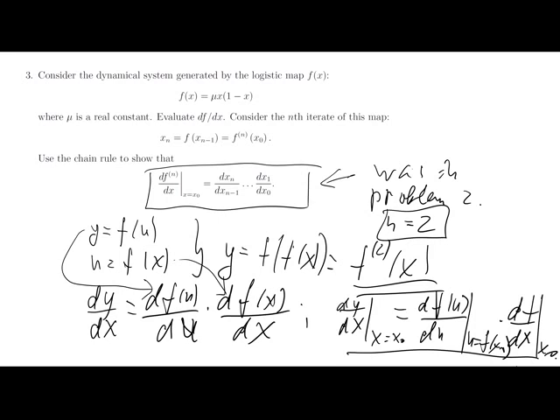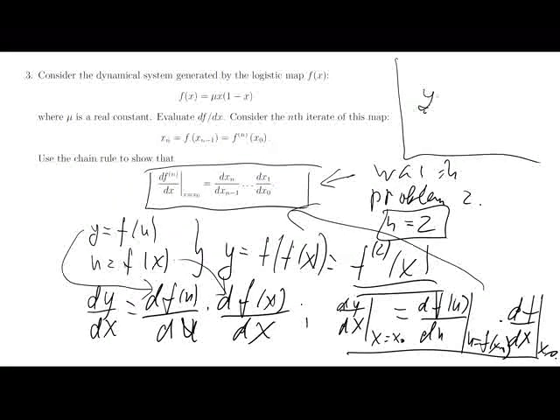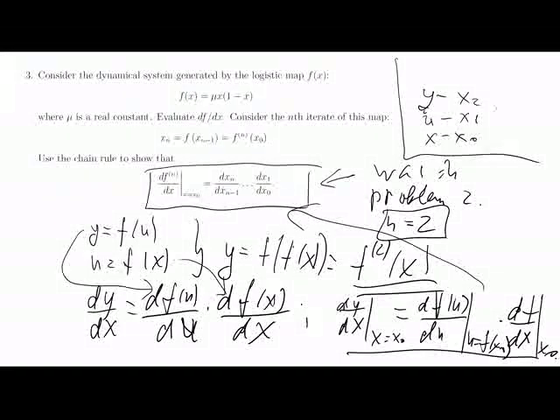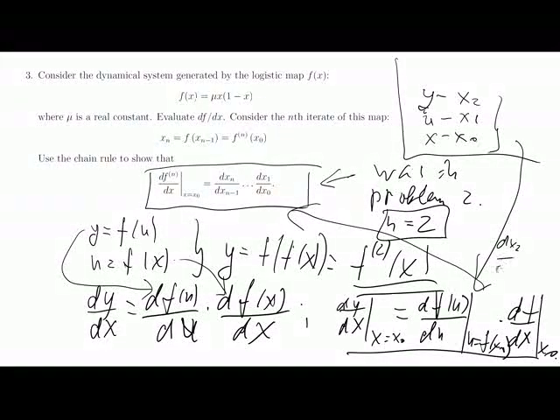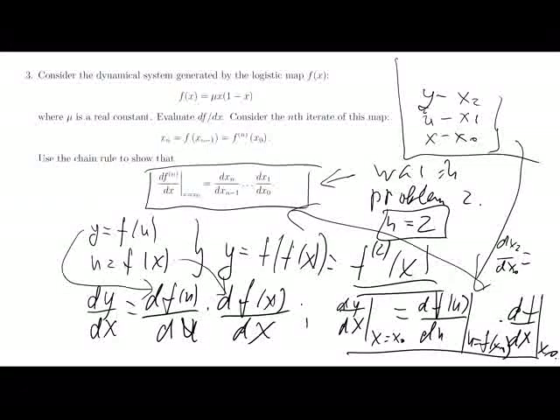And now what I want to do is get to the notations here. To get to these notations, I replace y by x2, u by x1, and x by x naught. Then it will be dx2 over dx naught, this one.